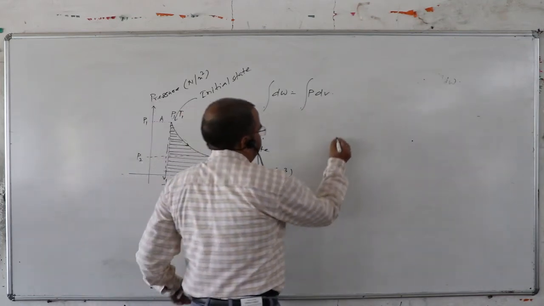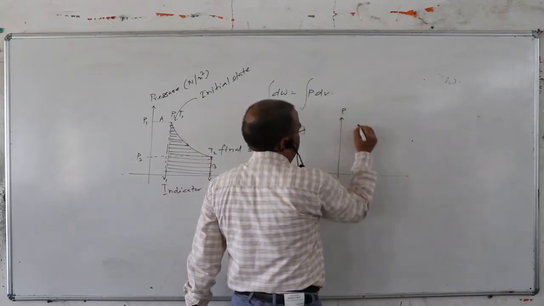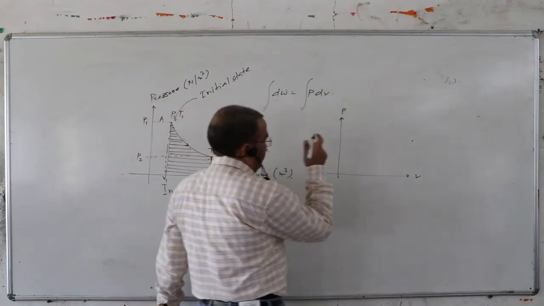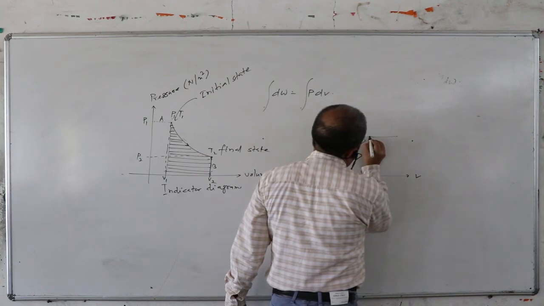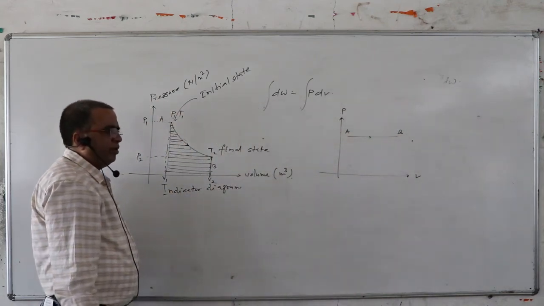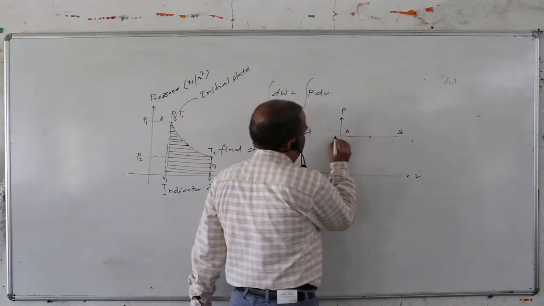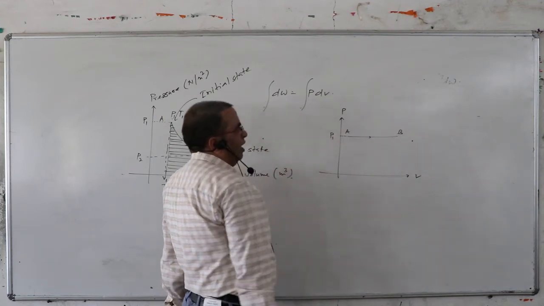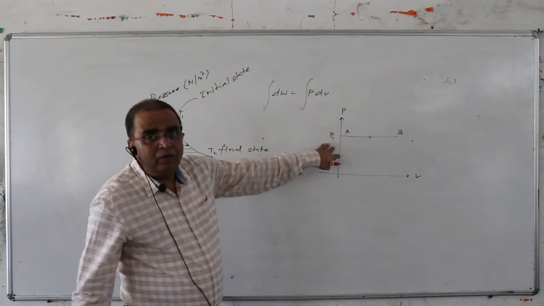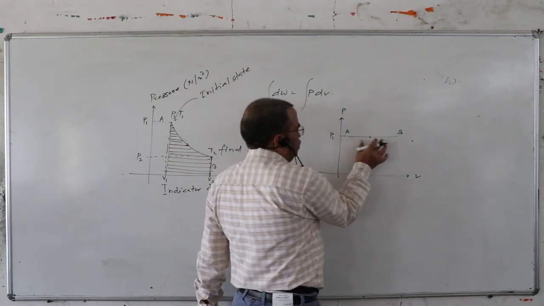In any other case, say in one system, a PV diagram is there, and a gas is taken from state A to B. In that case, one can easily understand the value of the thermodynamic variable, pressure in this case, is constant in these two states.